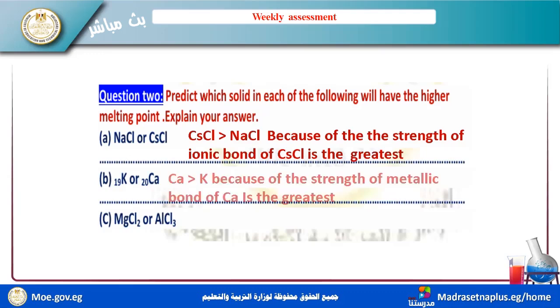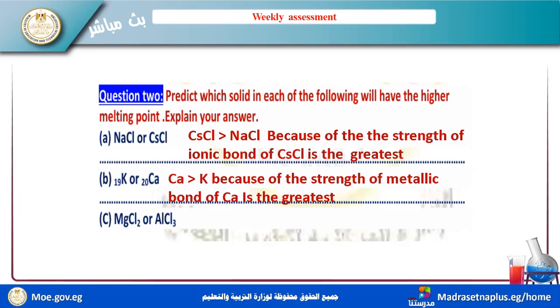Now K and Ca. Ca is higher than K because the strength of the metallic bonds of Ca is the greatest, because the number of valence electrons in Ca equals 2, but in K equals 1, if you write the electron configuration using the atomic number.